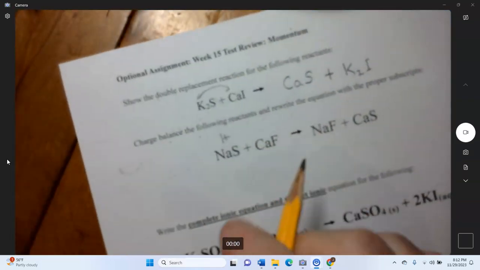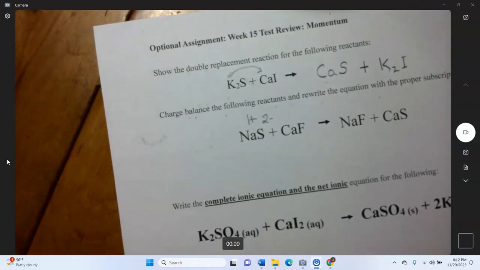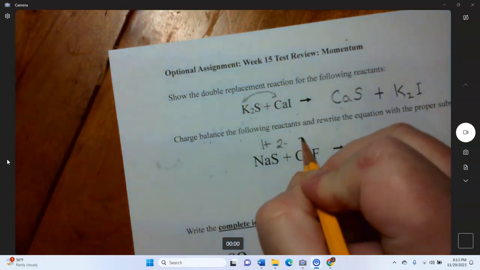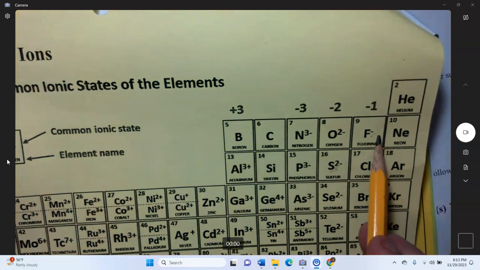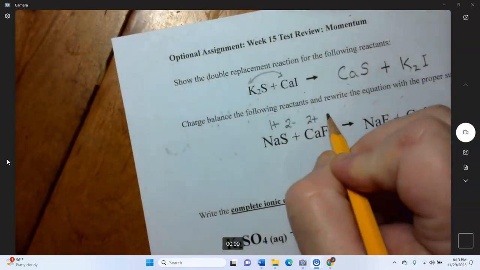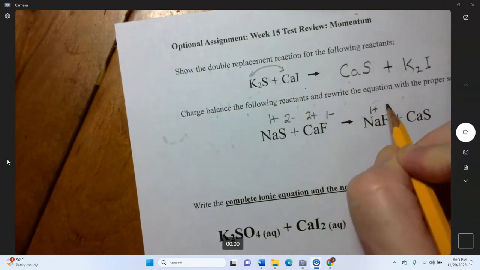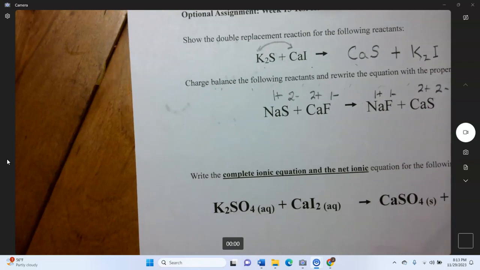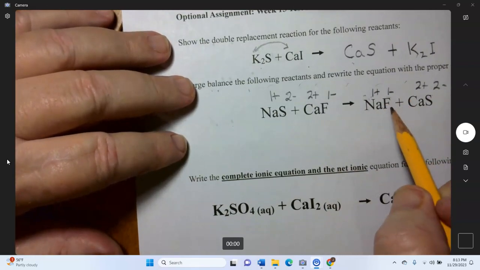Again, you should be able to just look at your periodic table and tell that by where they're positioned. Calcium is a 2 plus right there. Fluorine is a 1 minus right there.